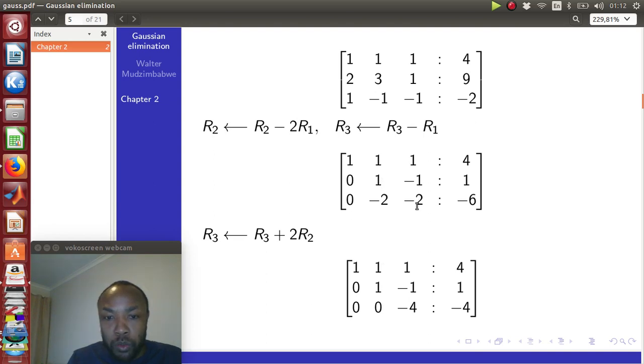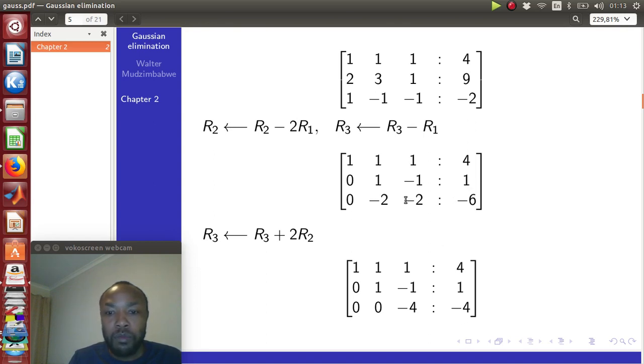The next will be minus 2 plus 2 times minus 1, that's minus 4. And the last number here would be minus 6 plus 2 times 1, that would be minus 4.